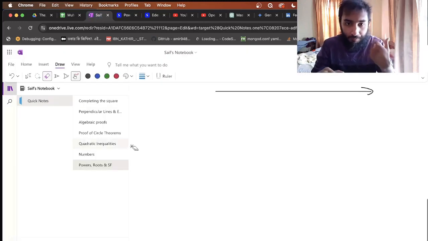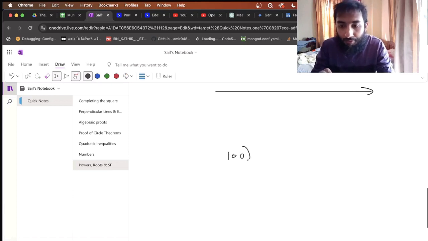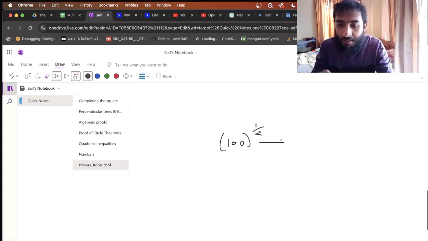If I go to my notepad and use my pen tool, so what is the power half? If I use power half on a number like 100, it basically means the square root of 100, also represented as root 100, because 2 is the default.